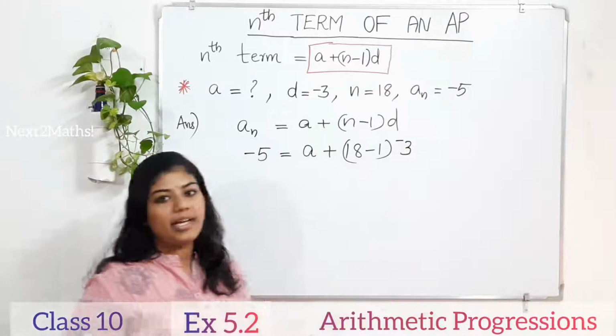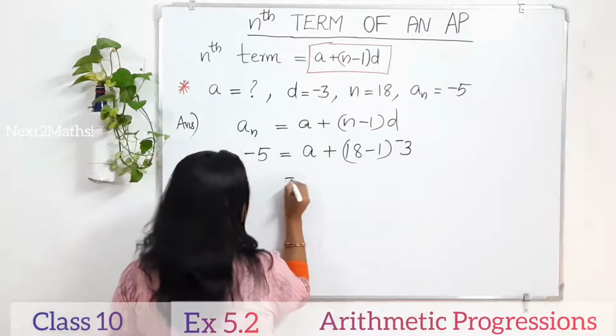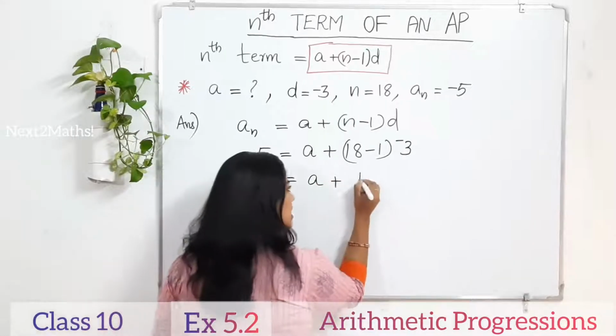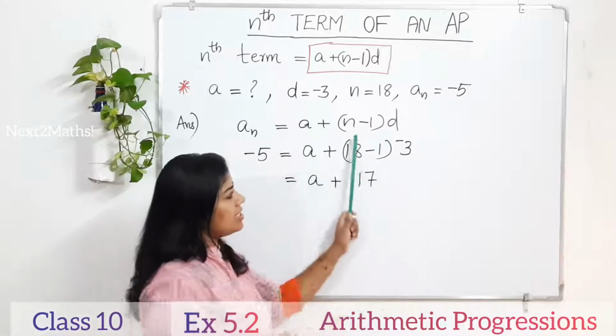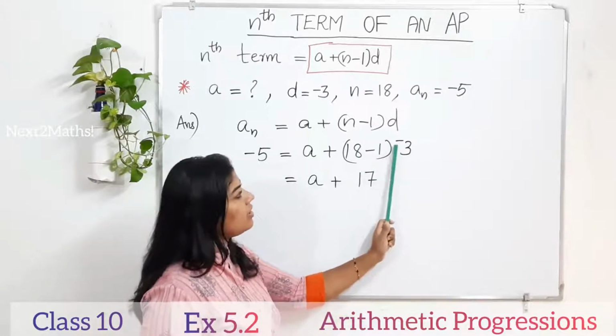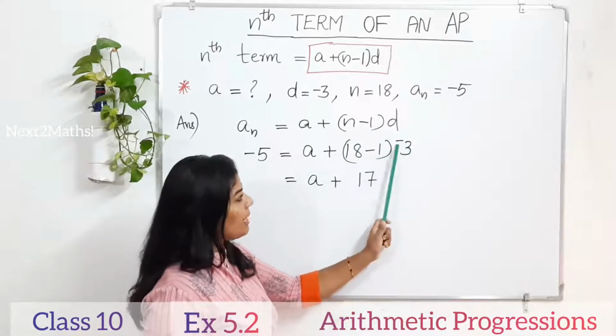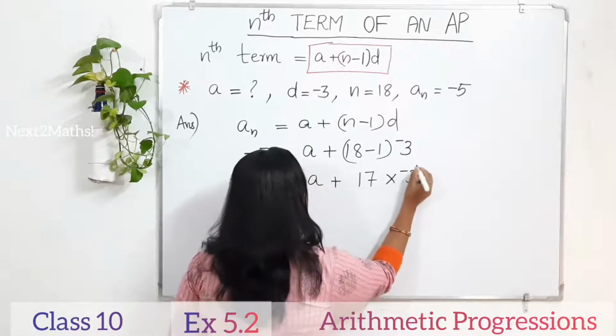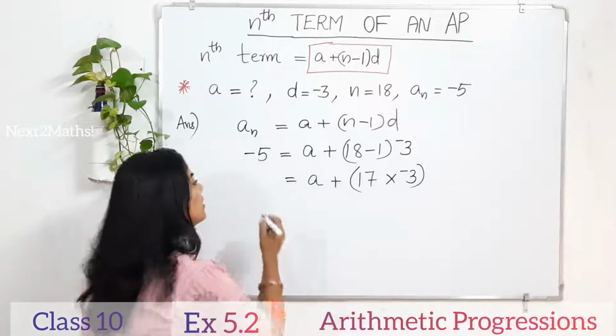Write it clearly. Now a plus, 18 minus 1 is 17, and this is in brackets. Bracket means multiplication, so 17 multiplied with negative 3.